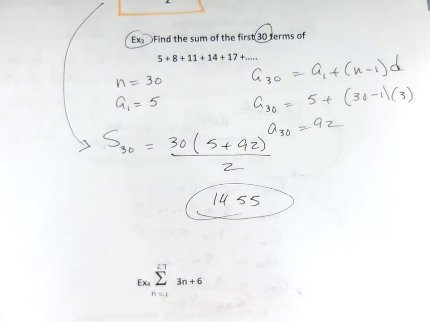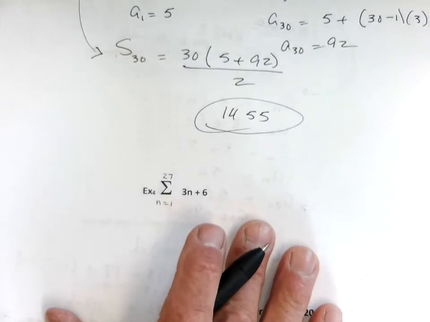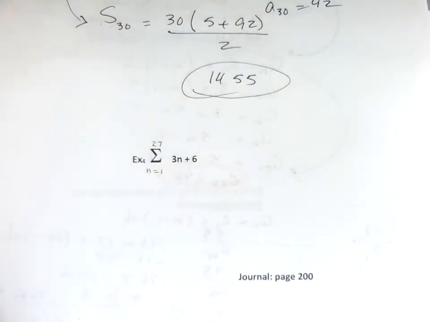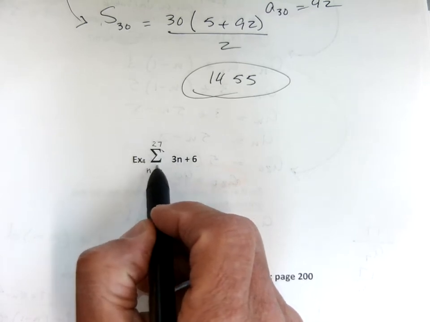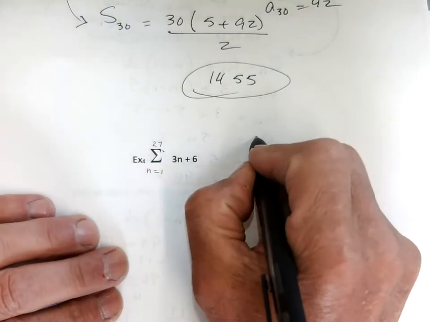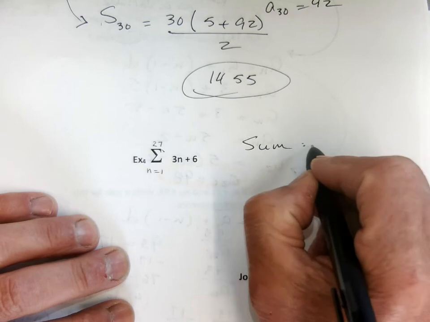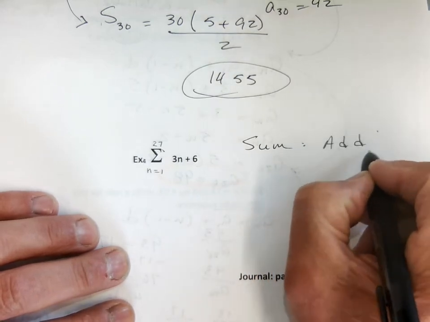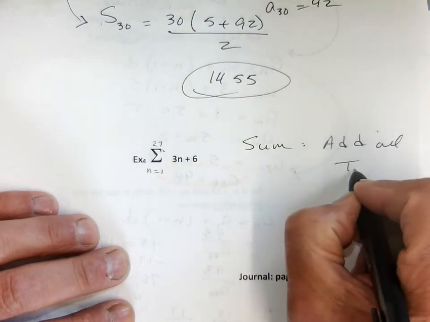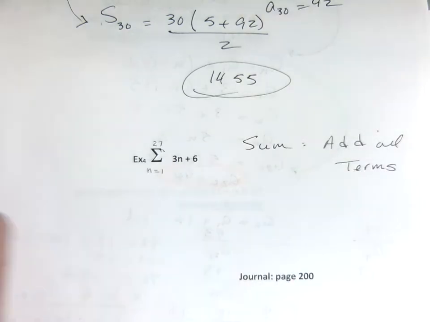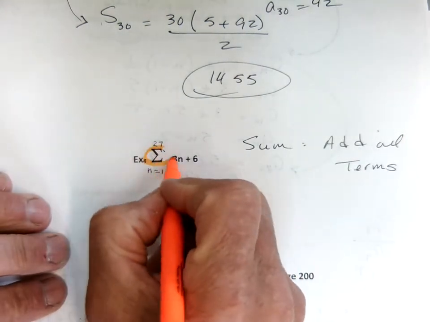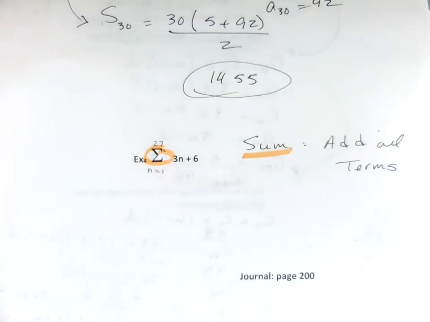Okay, last problem. Because it's got the summation, it does mean sum, or we're going to add all terms, right? Because of this symbol here, it means sum.